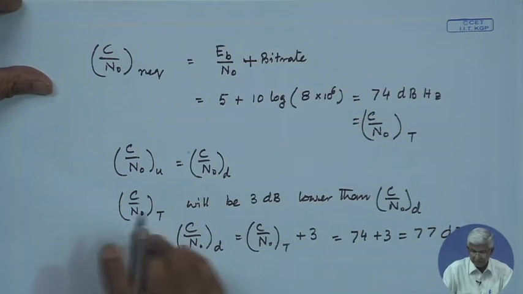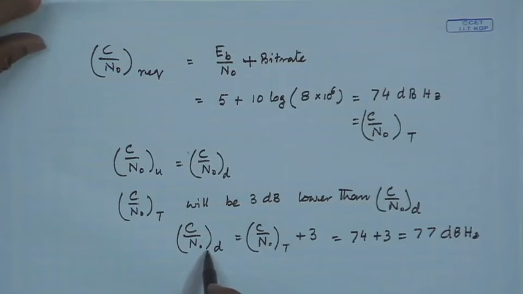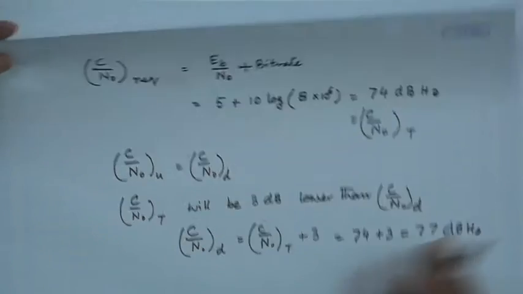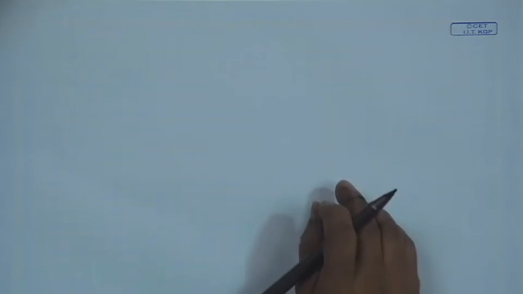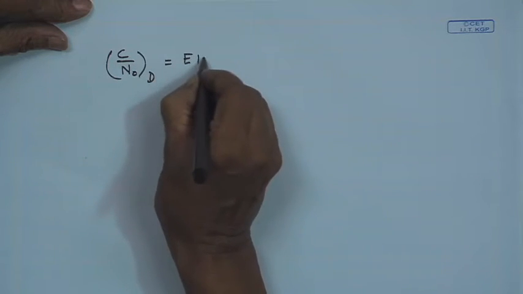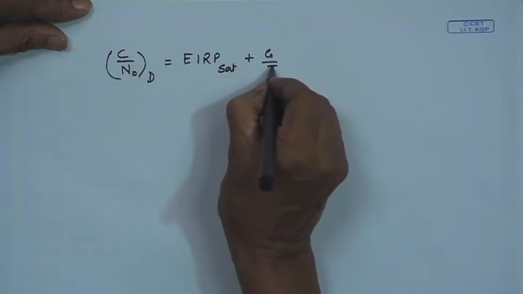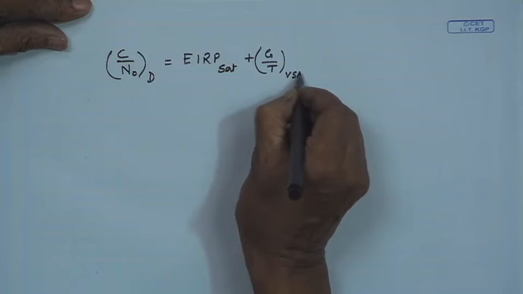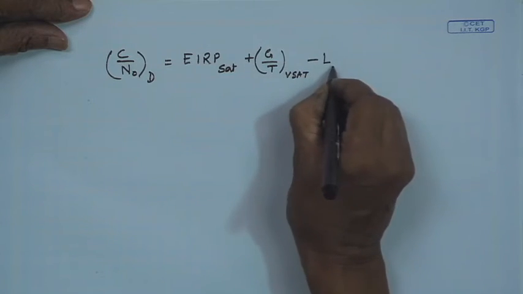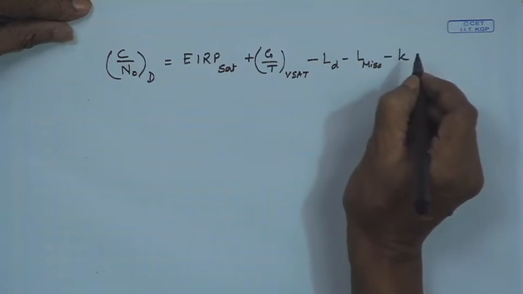You have understood the way we calculate. So we come to know now what is the C by N naught down. So one side link is known, and since the other parameters of that link are known, we can find out what is the EIRP from the satellite. In the downlink, C by N naught down is EIRP from the satellite plus G by T of the VSAT minus path loss in the downlink, minus miscellaneous loss, minus K, that is Boltzmann constant.